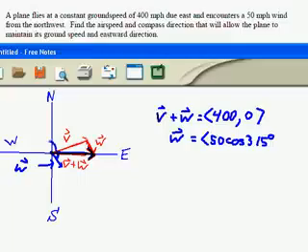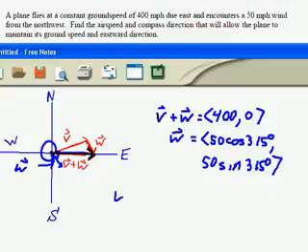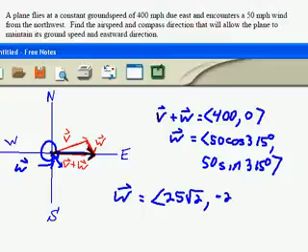If you go all the way around, that's 315 degrees, comma 50 sine 315. Or W is equal to 25 radical 2 and negative 25 radical 2.